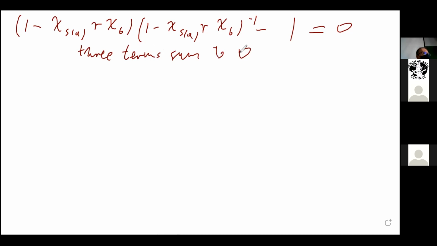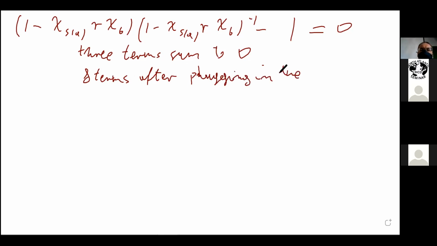Okay, but now when I write this down, I mean this sandwich as 2 elements, then in fact these 3 terms will be 8 terms, after plugging in the appropriate formulas that so gracefully vanished.